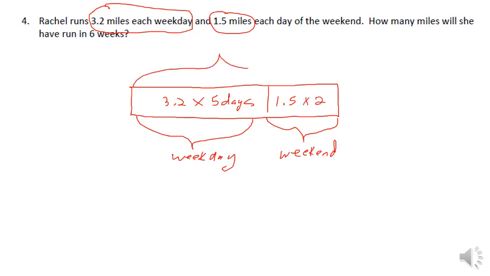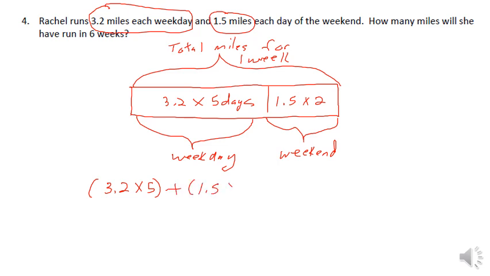The top of the area model is going to be total miles for 1 week. So if we write an algebraic expression for it, we can see we're going to have 3.2 times 5 plus 1.5 times 2. And that's going to give us how much for 1 week.